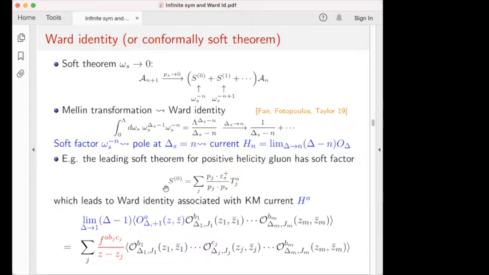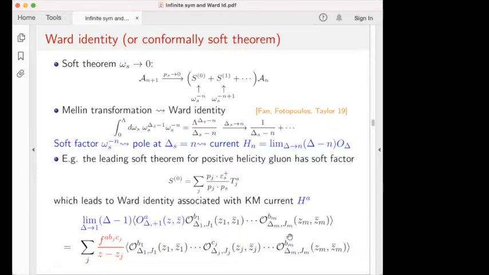If we consider the soft theorem with this soft factor here and perform Mellin transformation, then we will find the following Ward identities. In particular, you will find that you have this operator corresponding to soft gluons, multiplied with delta -1, in the limit of delta goes to 1. So this becomes this Asymmetic current in this context.